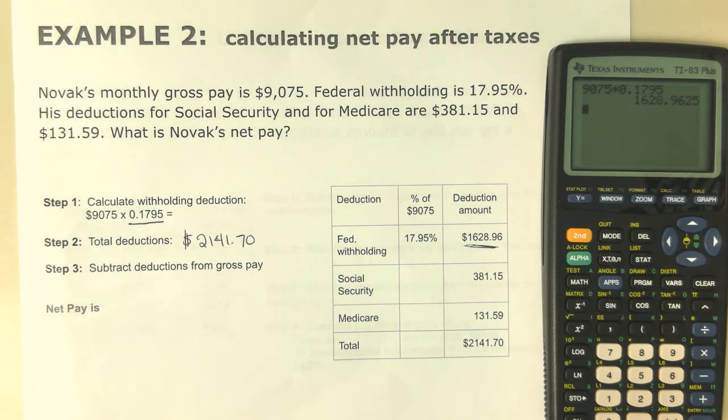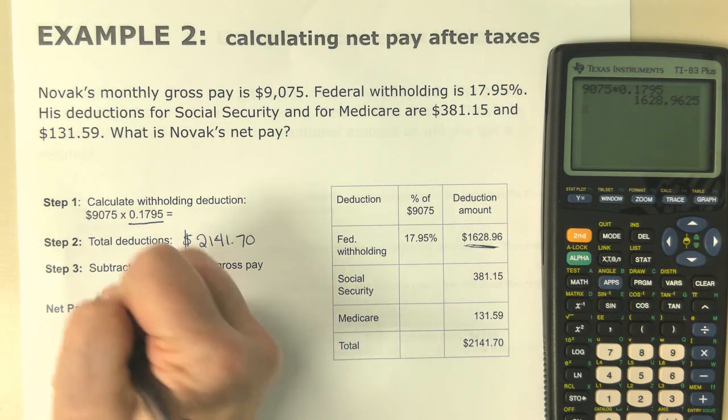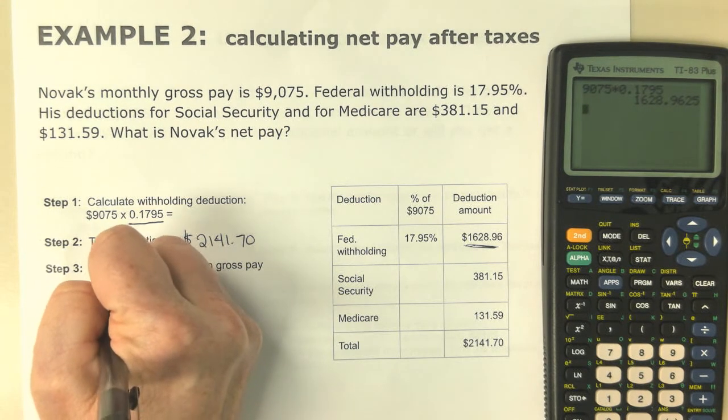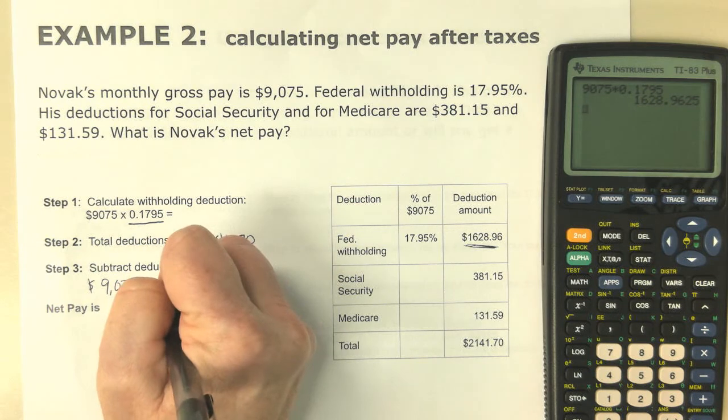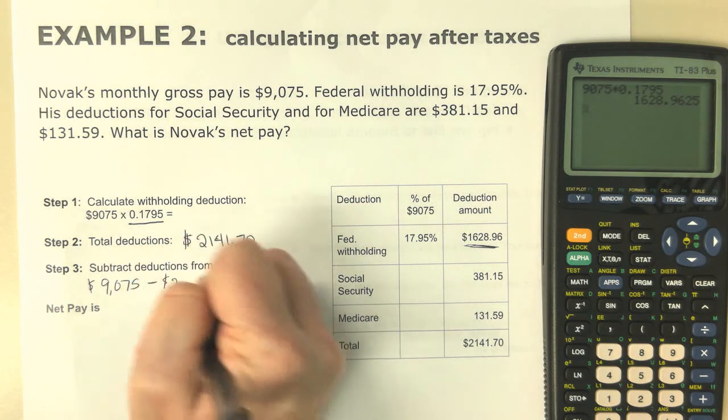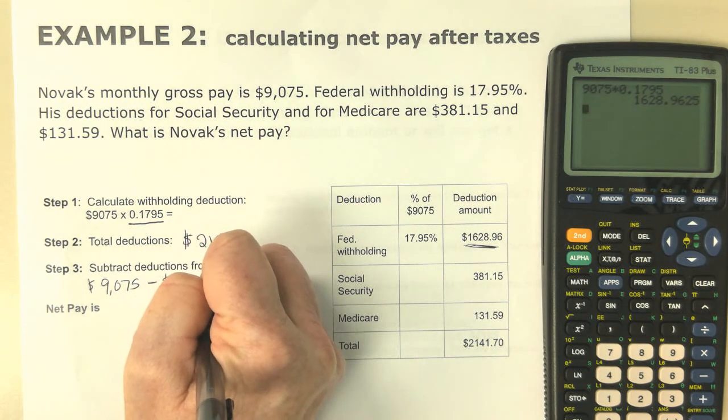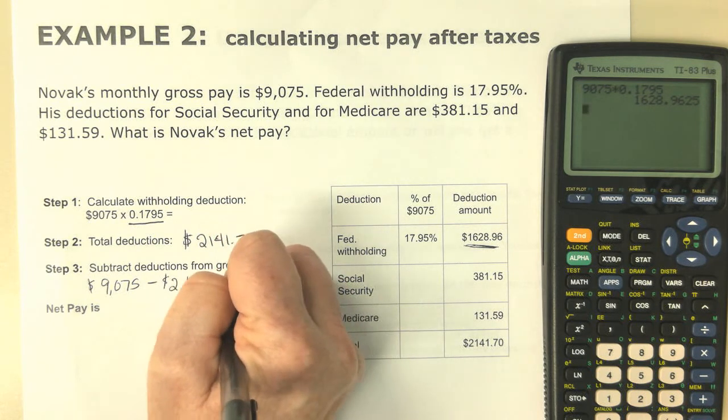And the last step is to take the total of the deductions and subtract it from the gross pay. So that would start out as $9,075 minus $2,141.70.